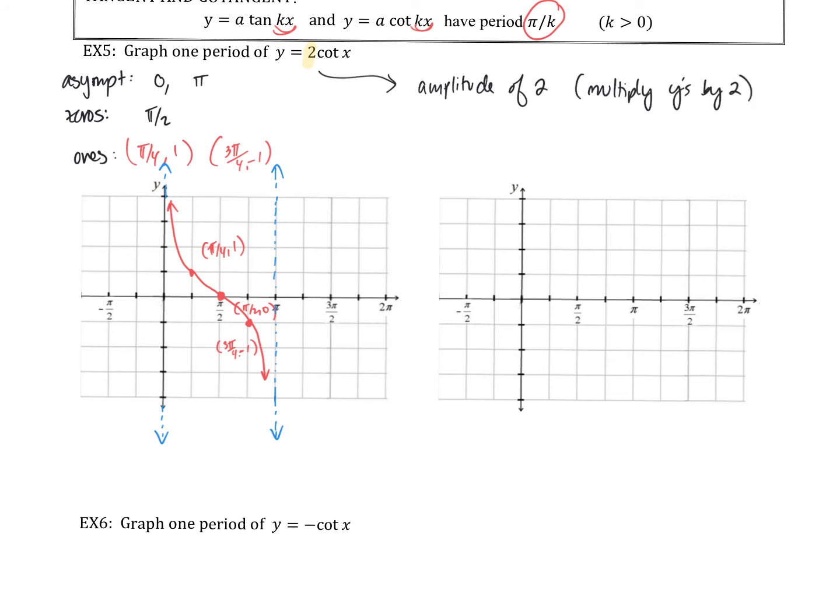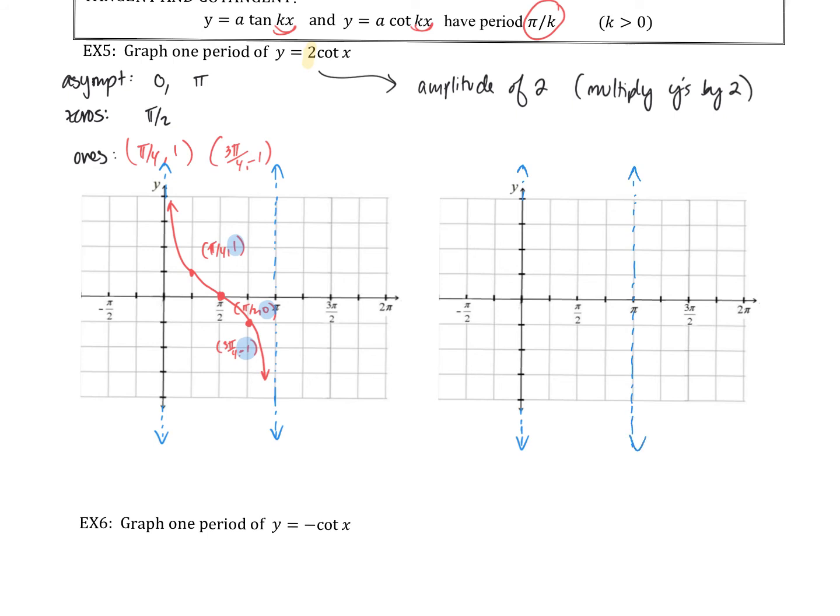So our y values, let me go ahead and highlight those. We have our y values of 1, 0, and negative 1. The other values will remain untouched, which means that our asymptotes stay in the same place. Nothing happening on those. It's just our y values.